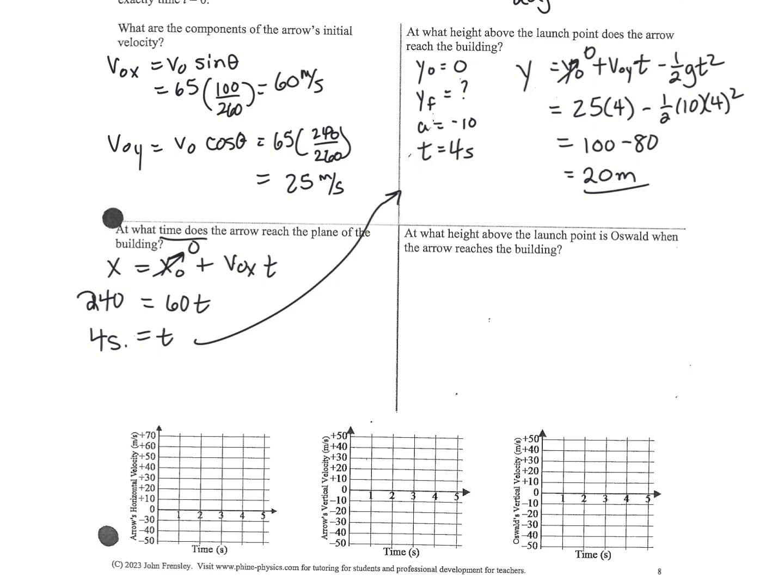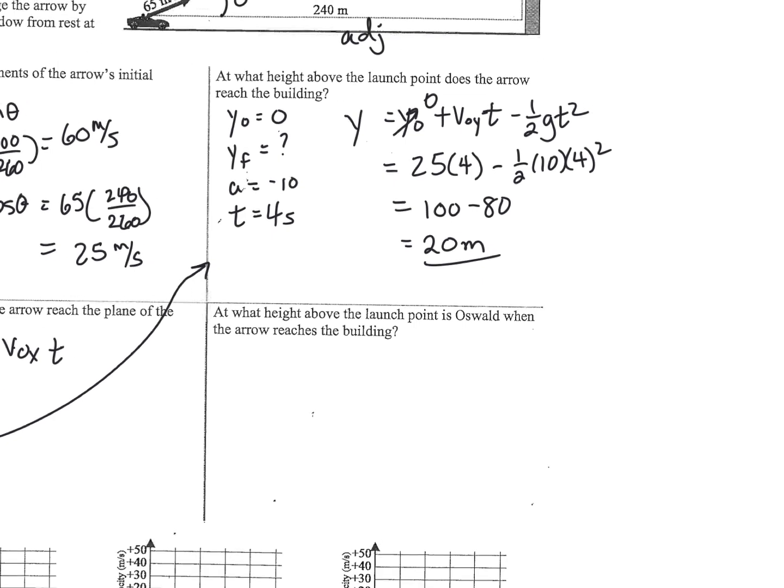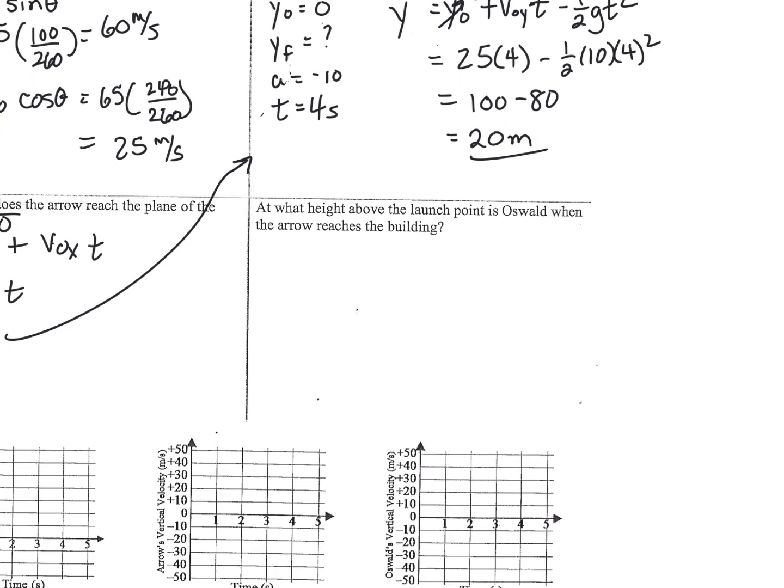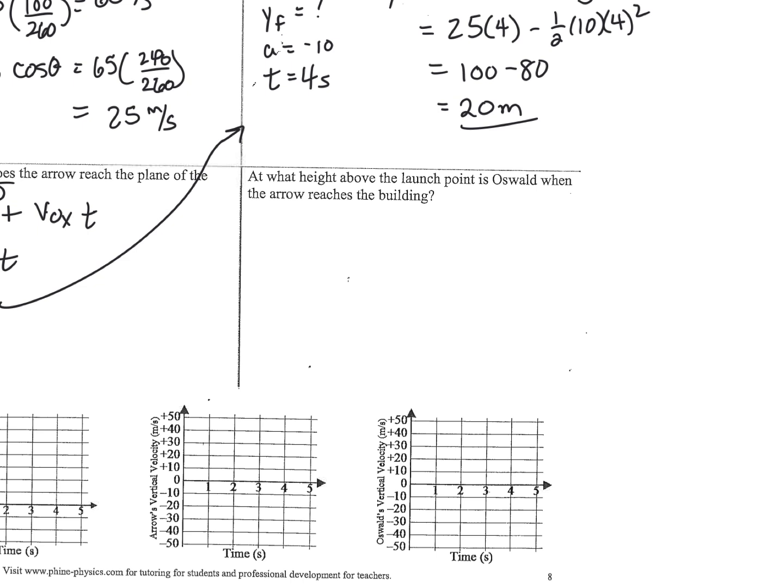Well, he is jumping from where? He's starting at his y initial. This time is equal to 100. And we're looking for his y. We don't know. We know it would be after 4 seconds because that's when it hit. So he has 4 seconds to drop. And we know acceleration is -10 here. So we're going to figure this out.